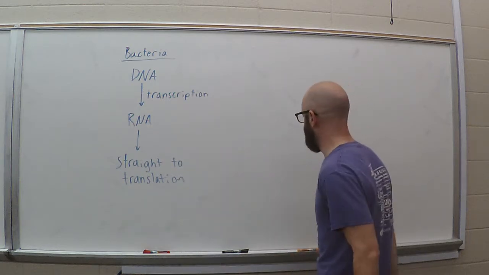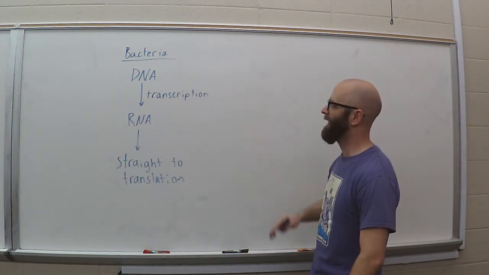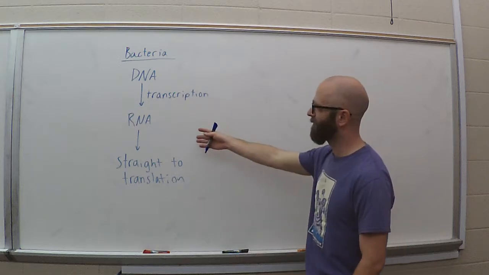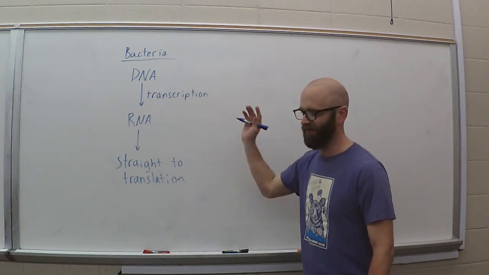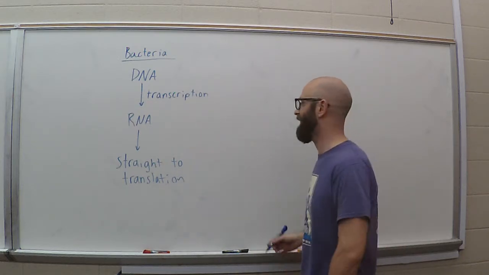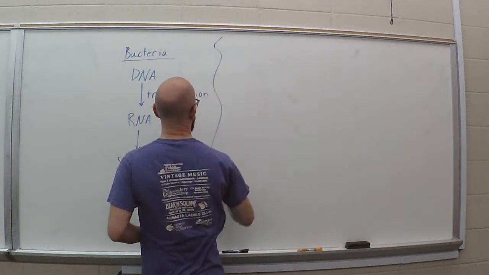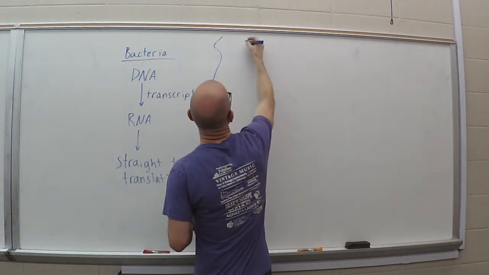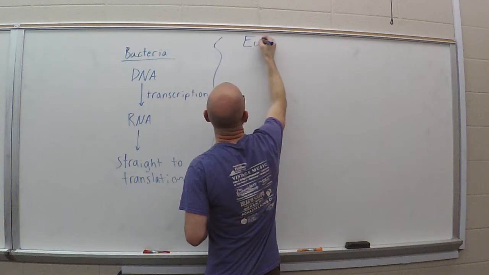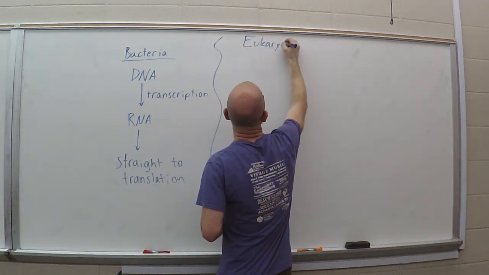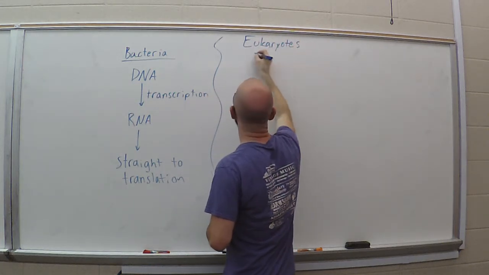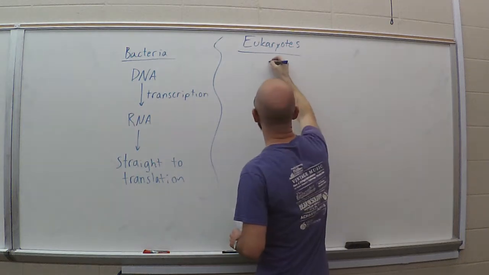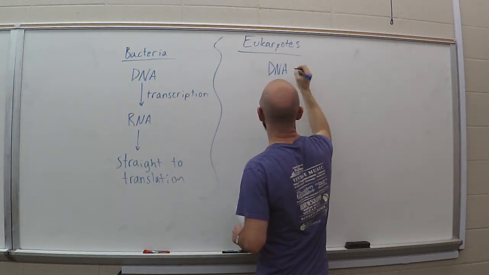Okay, anyway, with bacteria, it's pretty straightforward. That RNA, once it's made, it can just go straight on to translation without any kind of modification. But in eukaryotes, it is a little bit more complicated. In eukaryotes, it starts the same.